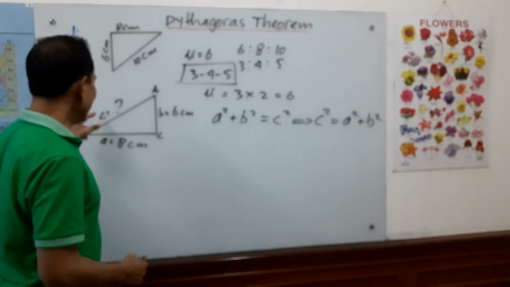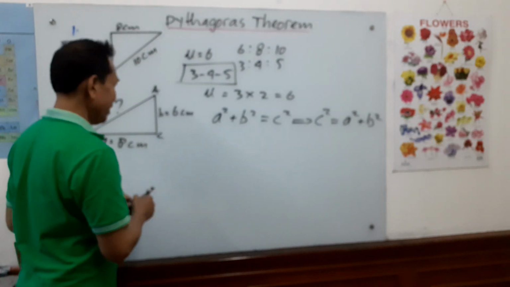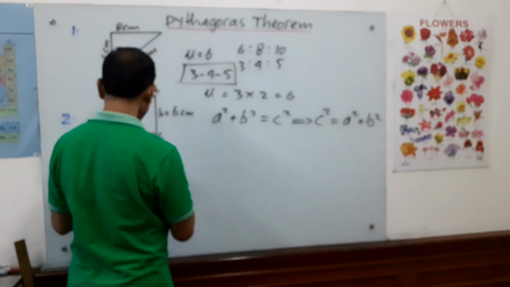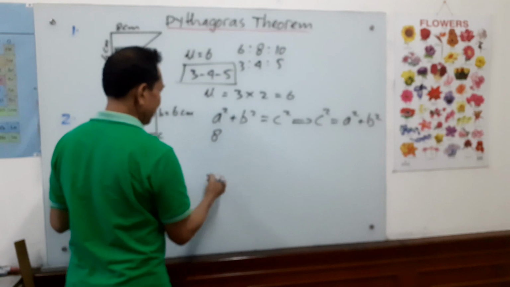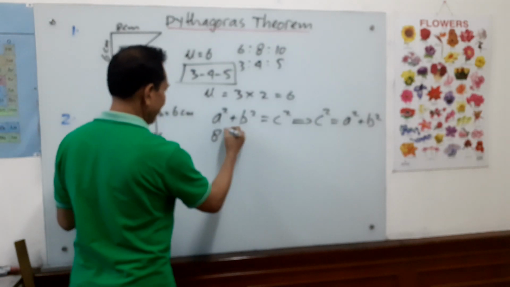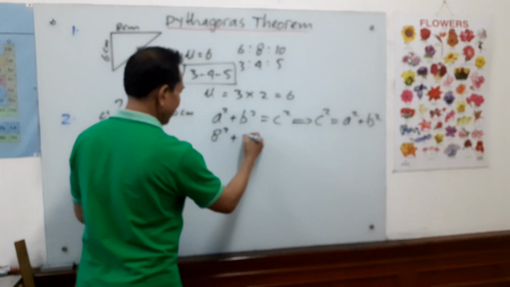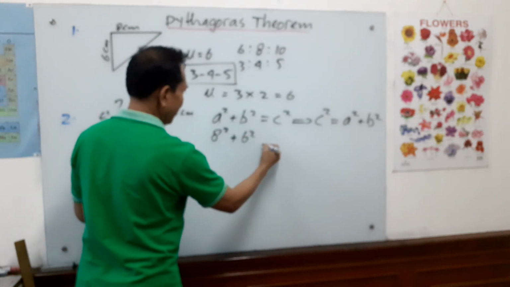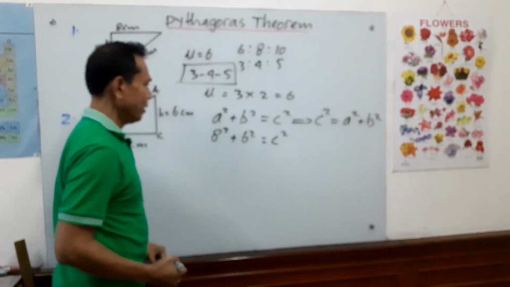Now we want to find out the value of this C. So we take this here. A is 8. 8 square plus B here, 6 square, equals C square.